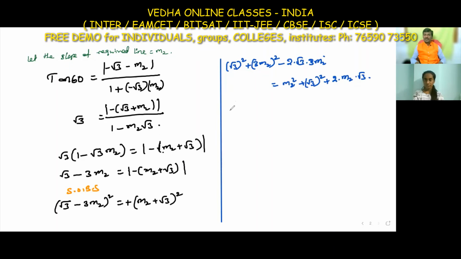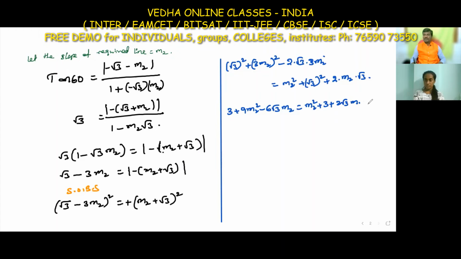Now root 3 whole square becomes 3, plus 3 square, 9 m2 square, minus 2 3s are 6 root 3 m2, is equal to m2 square plus root 3 whole square is 3, plus 2 root 3 m2.